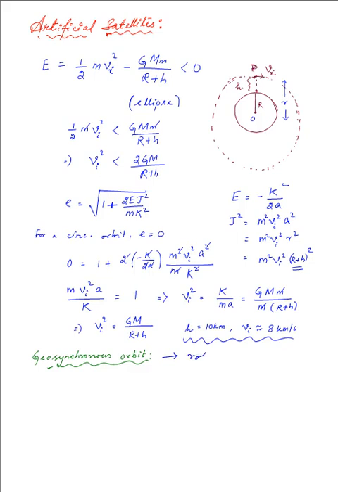So the rotation around the Earth, the time period of rotation around the Earth, is equal to the rotation of the Earth itself, which means approximately 24 hours, 23 hours 56 minutes and 4 seconds to be precise.